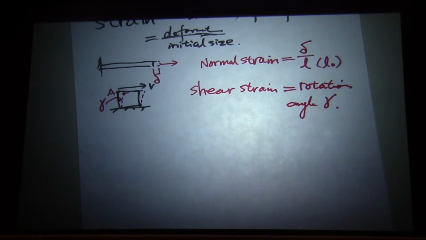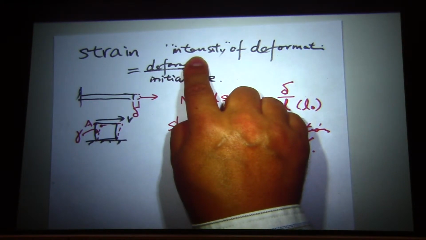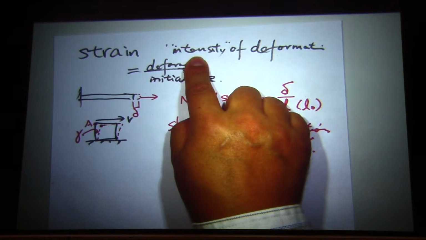So all the strains are dimensionless. They are normalized intensities of the deformation. You have 1% deformation, 2% deformation, 1 degree deformation, 2 degree deformation. Percent is not a unit either. So it's dimensionless, put it this way. All right.